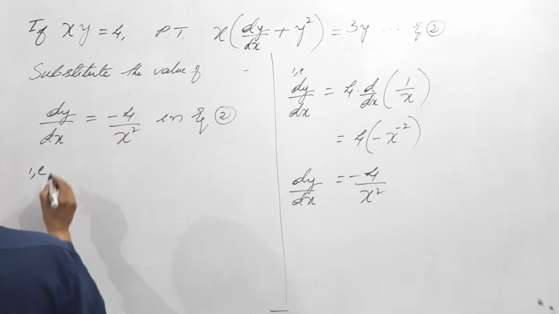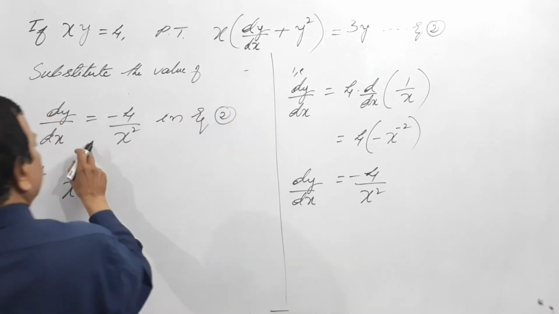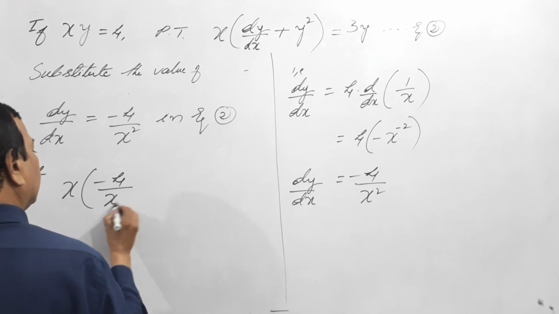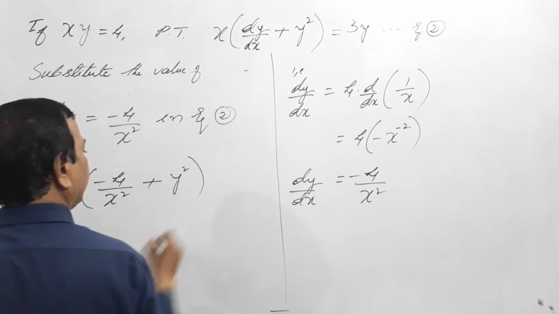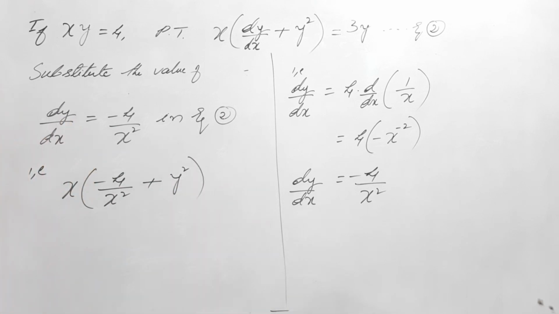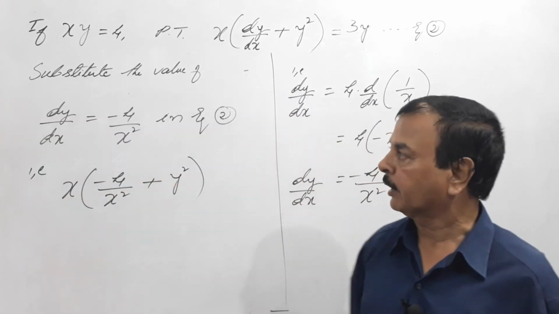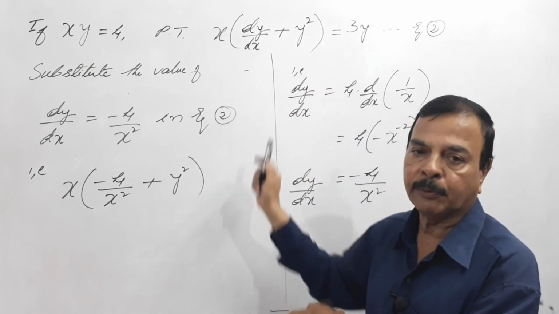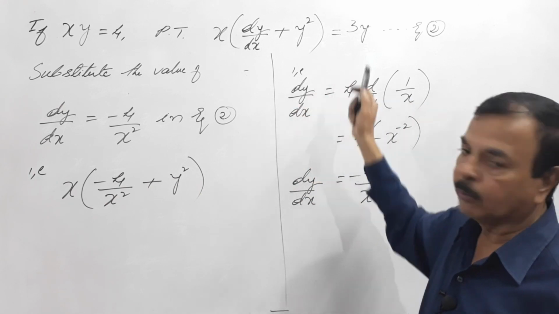That is, x into dy by dx is minus 4 by x square plus y square, isn't it? So what you do here, you will try to bring all these values in terms of y, because the moment you convert these x terms into y terms, it will be easy for you to do this problem.